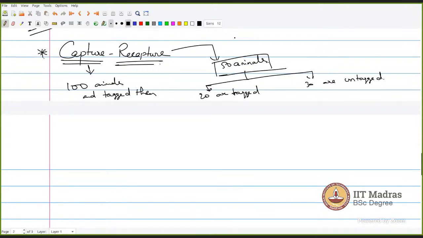This capture recapture falls under the hypergeometric case. Why does that fall under hypergeometric? What is hypergeometric distribution?